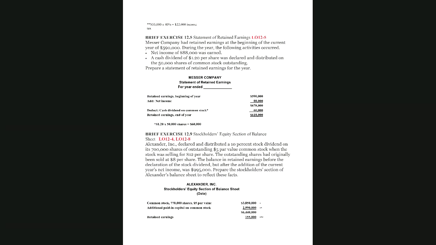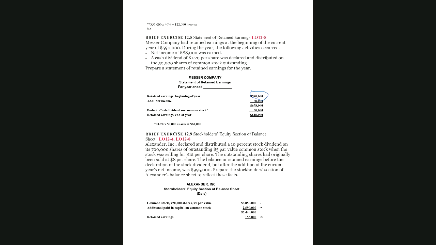So here, Messer Company had retained earnings at the beginning of the year. Remember, you always have to start with that on the statement of retained earnings. They reported $590,000 for retained earnings. Where did the beginning retained earnings come from? From the balance sheet of last year's retained earnings.